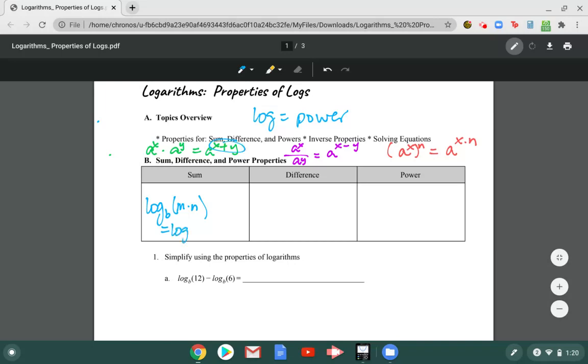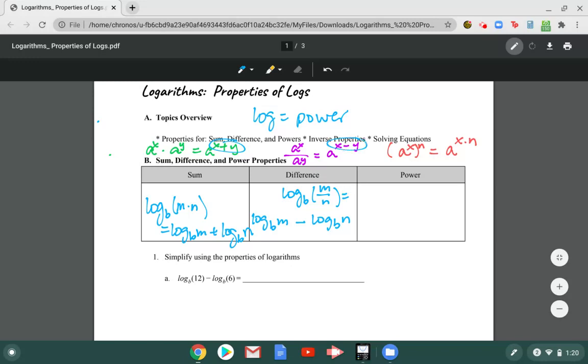So this would be log base b m plus log base b n. And then for the difference, that would come from a quotient. So log base b of m divided by n is log base b m minus log base b n, the difference of logarithms or the difference of exponents.